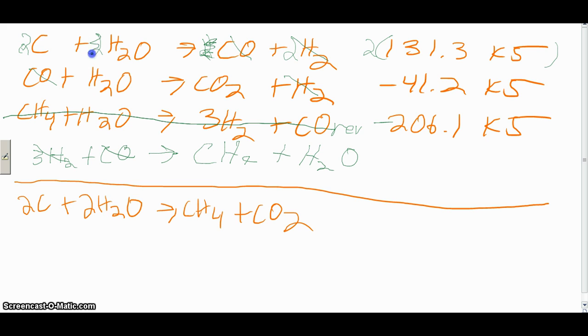So then we cancel out one of the H2Os with this one. Then we are left with our overall reaction of 2C plus 2H2O yields CH4 plus CO2.